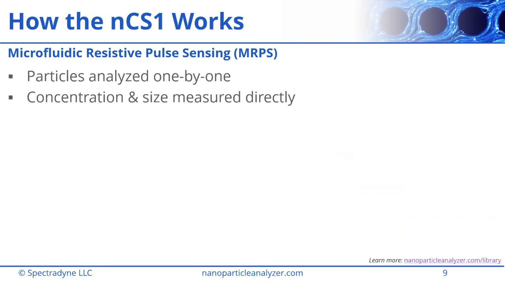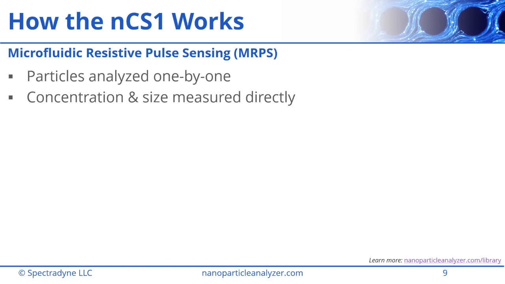Okay, so let me explain how this works. Microfluidic resistive pulse sensing is really just a modern version of the Coulter principle, which has been a gold standard for measuring large particles and cells for decades. If you've had your blood analyzed for cell counts at the hospital, you've probably already benefited from this technology.